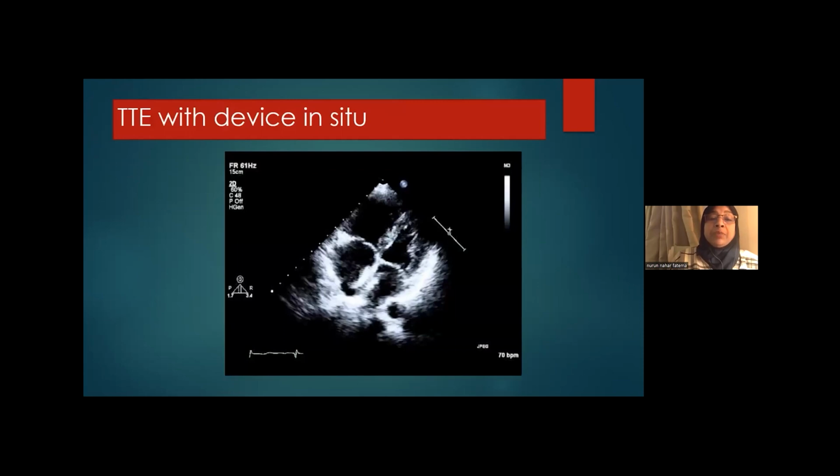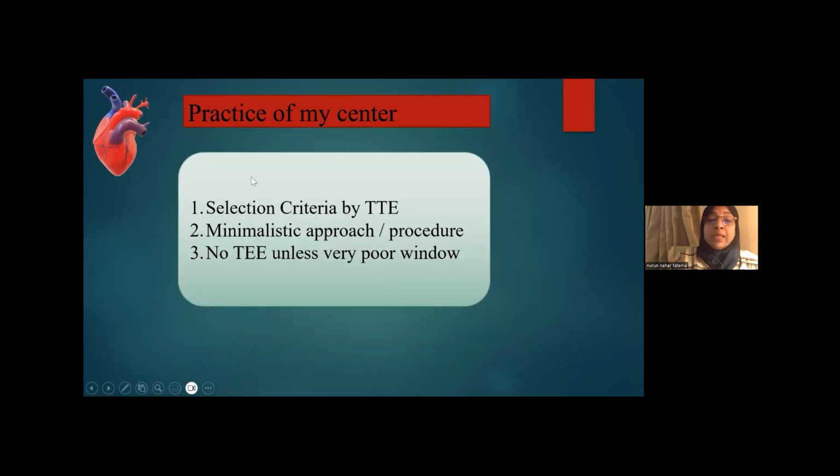So this is the TEE with the device inside too. You are seeing how the device looks. And in my center, we do our patient selection with the help of transthoracic echo, and we use a minimalistic approach because Bangladesh is a resource constrained country and trained manpower is not available in all places.